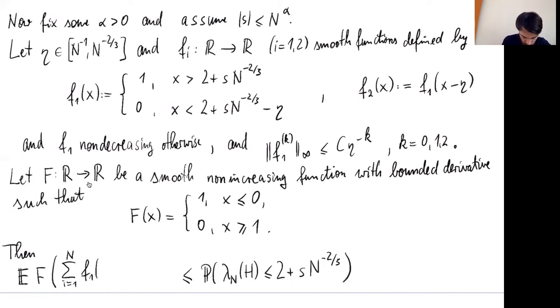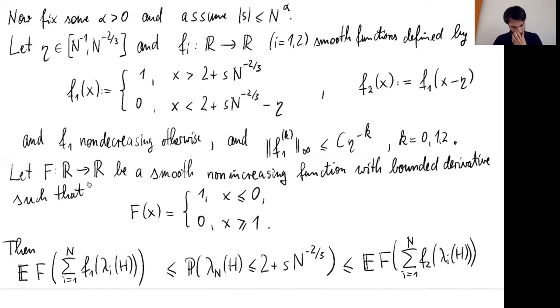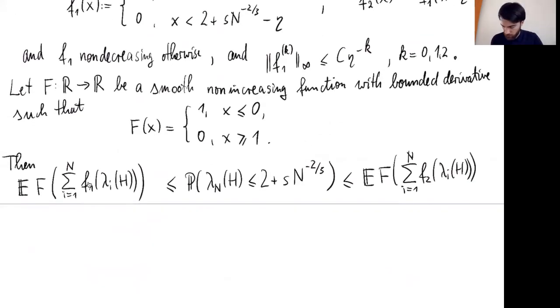I take f1 of lambda_i of H, sum up all the f1's, and then I apply capital F. Sorry, that's the lower bound on the probability. And the upper bound looks the same, except that then we have f2 of lambda_i of H.